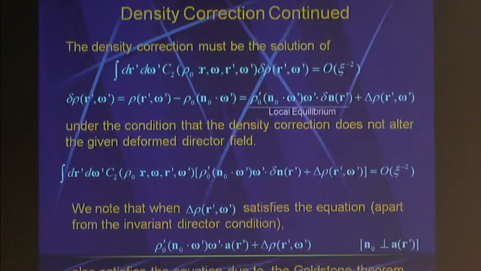But we have to be careful to keep the order of this function as high as 1 over design squared. And in order to solve this equation, we can note that we have a Goldstone degeneracy.